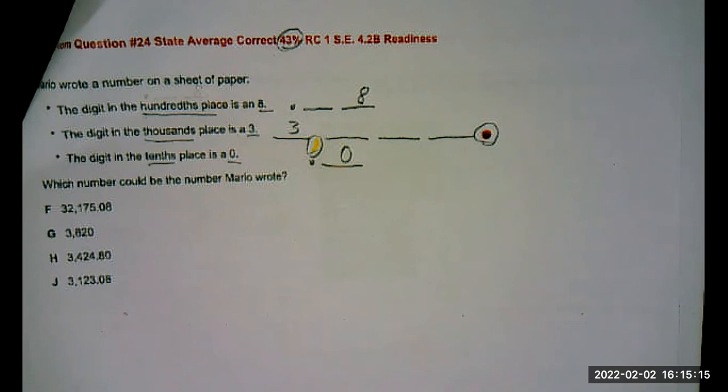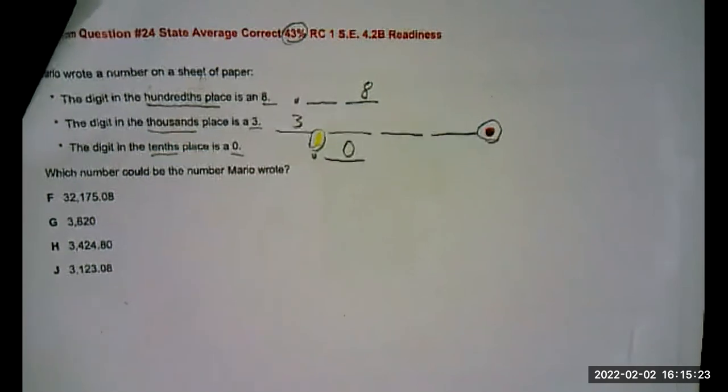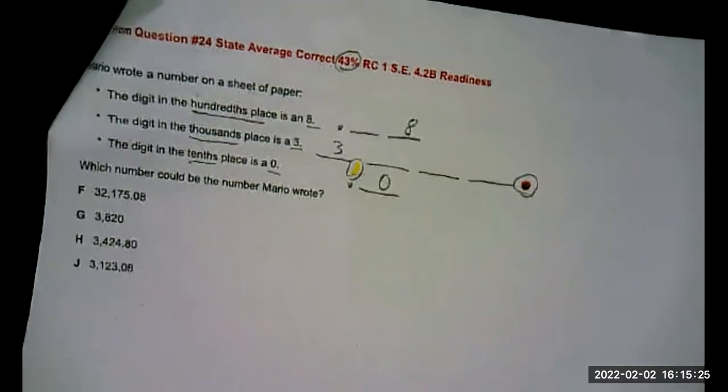But what I want to show you is you could turn regular lined paper this way so that the lines are all down, and you could make sure that the last two to the right have a decimal.